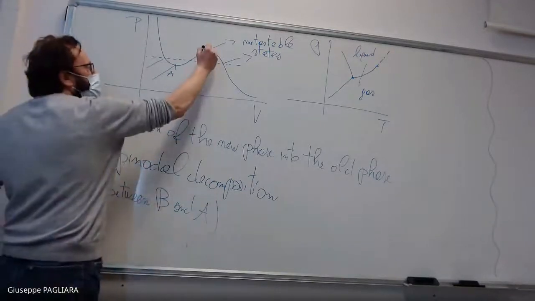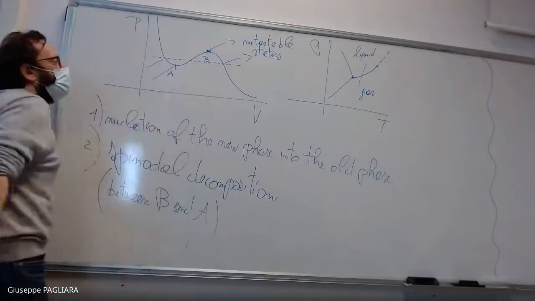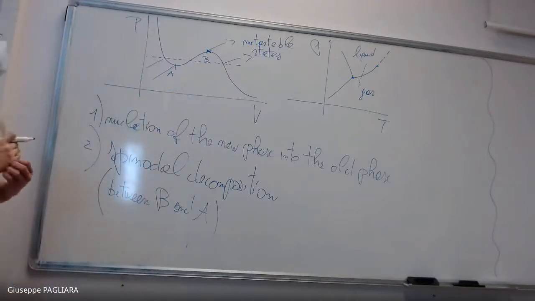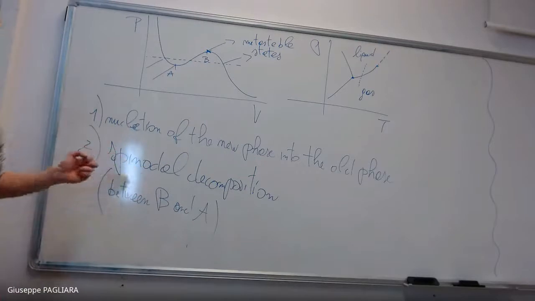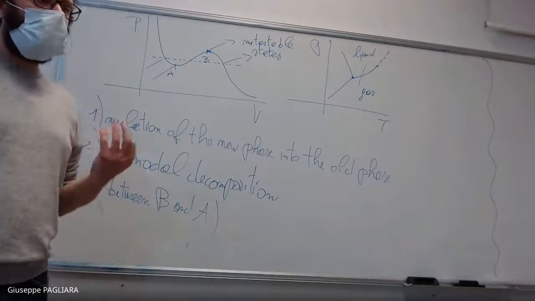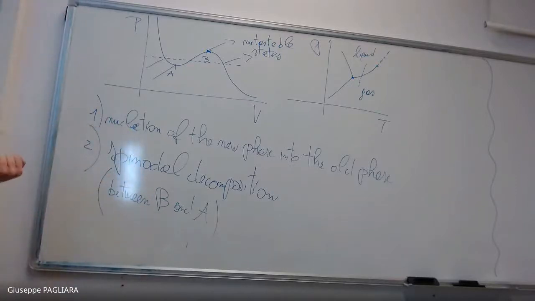So up to this point here, to the maximum, you have the metastable states formed in the regime of nucleation, whereas here in the unstable branch, you will have another phenomenon which is called spinodal decomposition, which is a sort of very fast clusterization of the new phase inside the old phase.